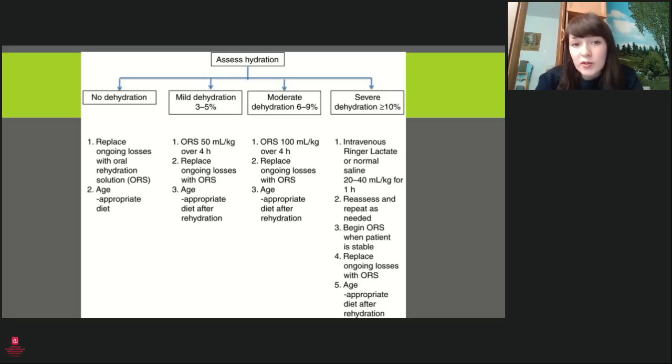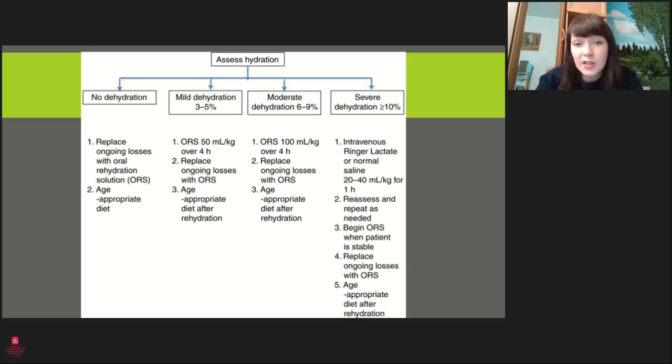If we have moderate dehydration, 6 to 9% body weight loss, we should administer oral rehydration 100 milliliter per kilogram over 4 hours, and replace ongoing loss with oral rehydration and age-appropriate diet after rehydration.